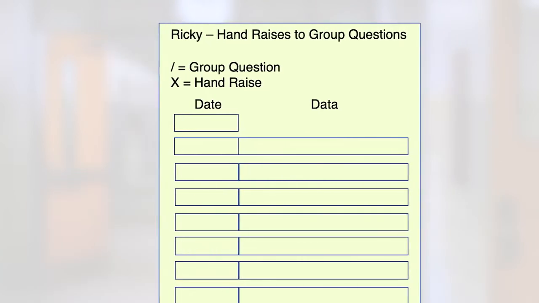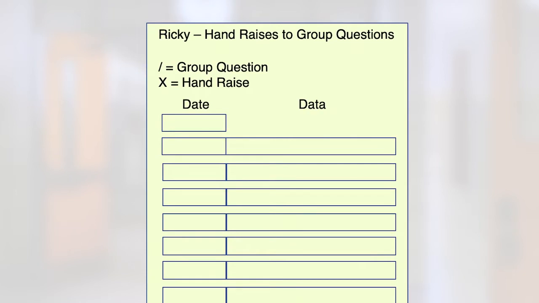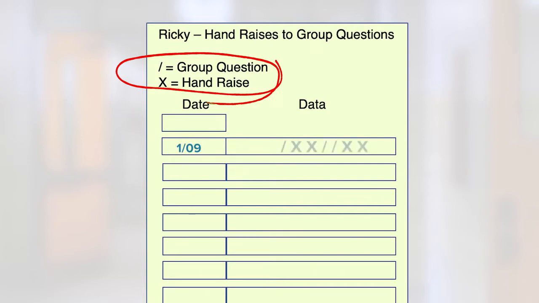As a simple tally, this can be done with 2 symbols, one that designates an opportunity and another indicating that the behavior was appropriate. This data says that the teacher asked 7 group questions on January 9th and that the student raised their hand 5 times. We could then say that the student raised their hand during 5 divided by 7, or 71% of opportunities, so they continue to improve.